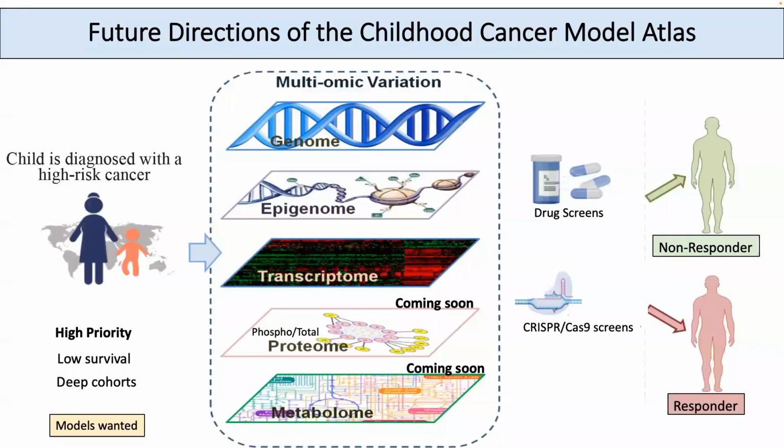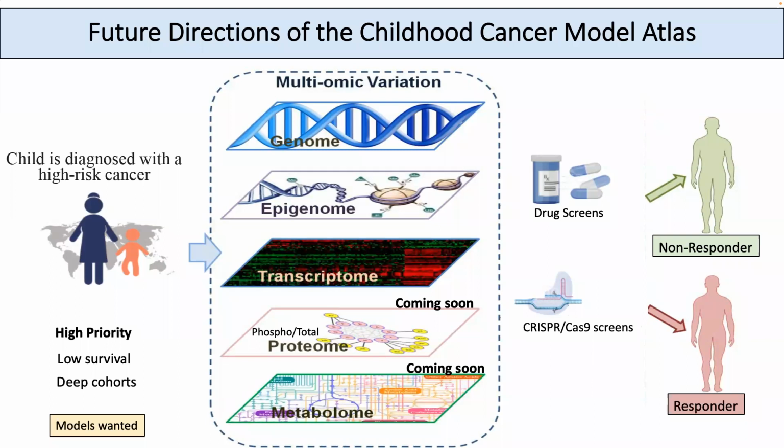So for the future, we continue to develop new models, particularly of rare types of pediatric brain cancers, such as ependymomas, ETMRs, and choroid plexus carcinomas. And if you have such models and want to collaborate with us, please do get in touch.